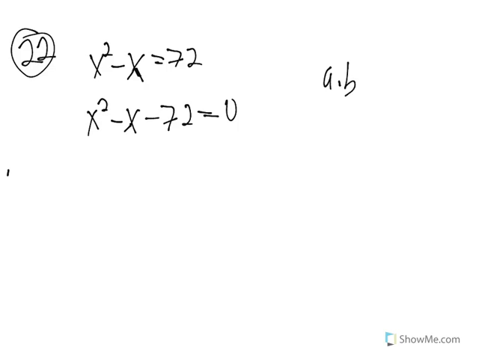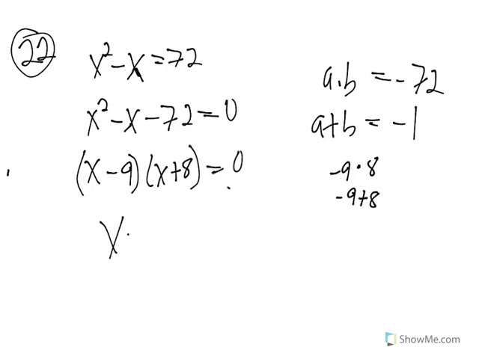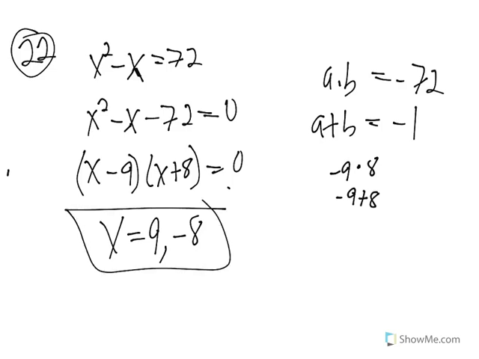We're looking for two numbers that when multiplied equal negative 72, but when they add up to negative 1. If you think about this, that's clearly negative 9 and 8. Negative 9 times 8 is negative 72, and negative 9 plus 8 is negative 1. So (x - 9)(x + 8) equals 0, giving us 9 and negative 8 as our solutions.